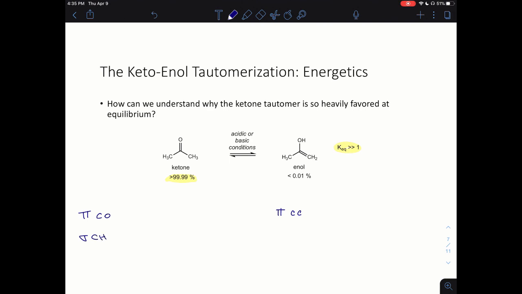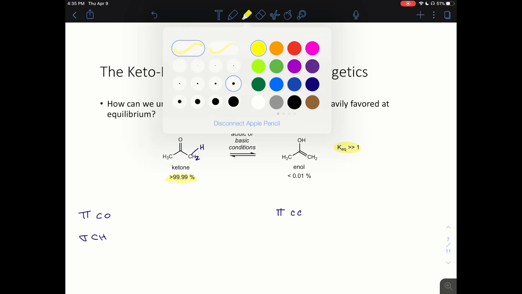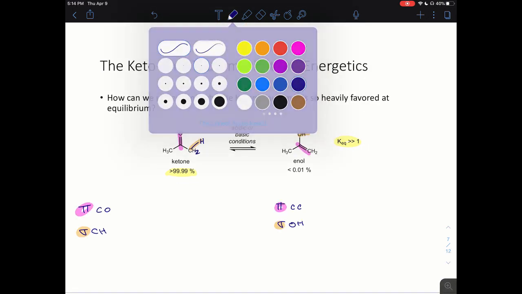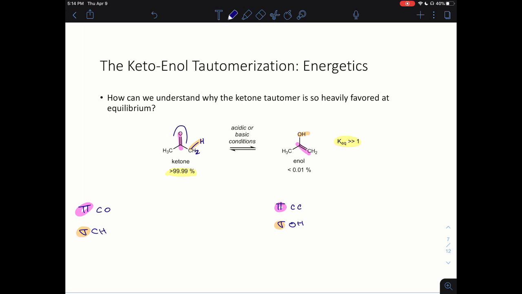One of these sigma CH bonds here is not in the enol. It's gone. It's now an OH bond. So we have the CO pi bond versus the CC pi bond, and the CH sigma bond versus the OH sigma bond. We're going to investigate the different bond strengths for these bonds.